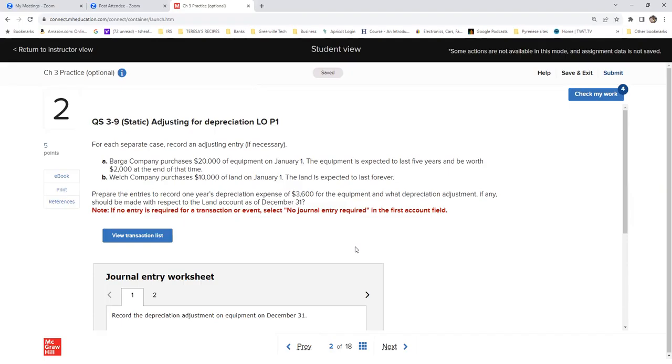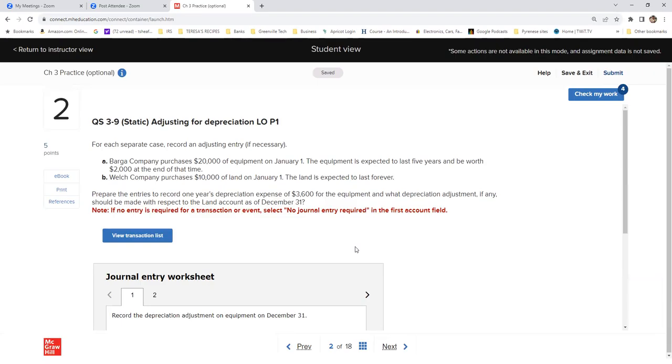We can assume that it is straight line depreciation. So we're going to take the $20,000 and subtract 2,000. That gives us 18,000, because we have to subtract out the salvage value, and that's what that $2,000 is. So 18,000 divided by 5 is $3,600.